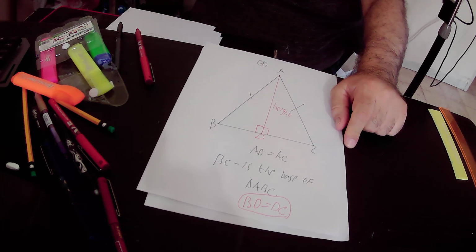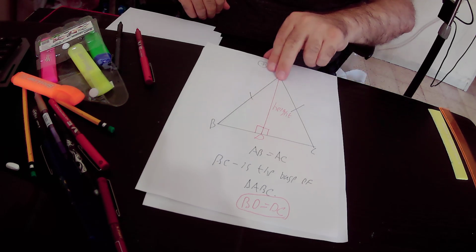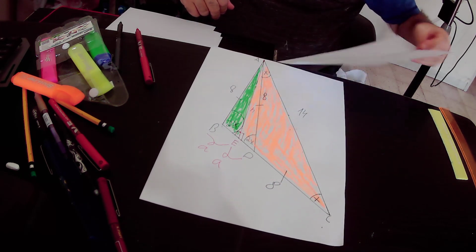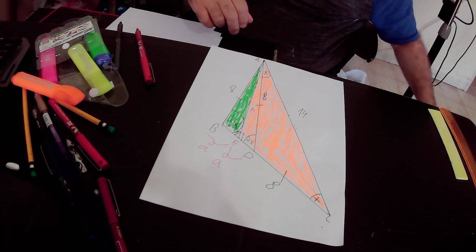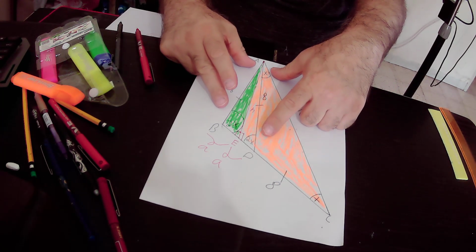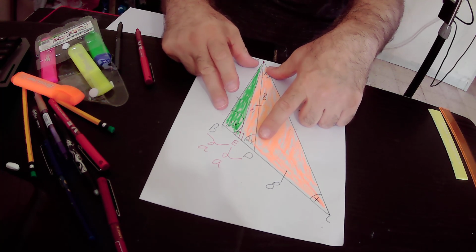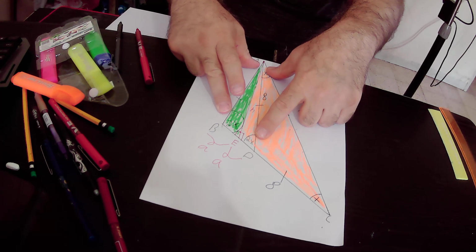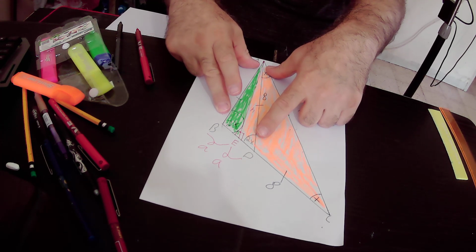That is rule number 3, and we can implement rule number 3 in our drawing, because we have here an isosceles triangle. Triangle ABD is an isosceles triangle because AB equals AD.